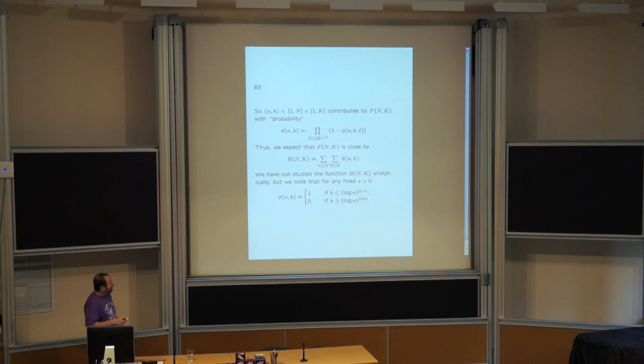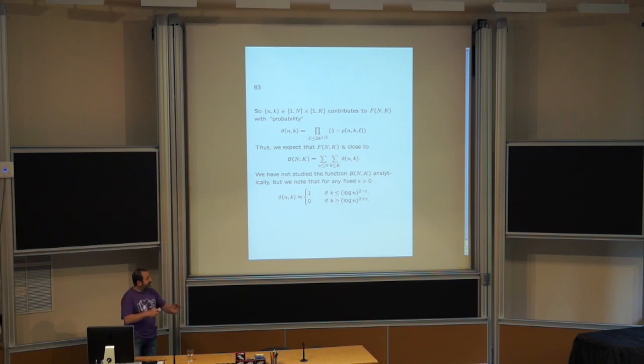Okay. Now we sum it up, and we have this function b, which would give us a prediction for f. This is a heuristic prediction. Probably we can study this function analytically. We didn't do it. We just know that there are two extreme cases where it's asymptotic to 1 and when it's very small.